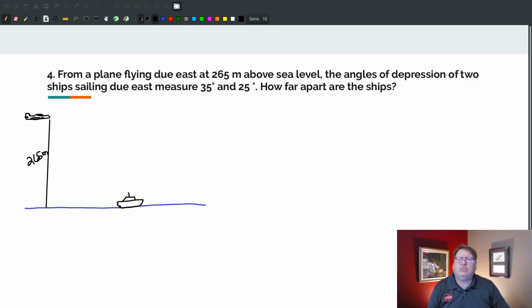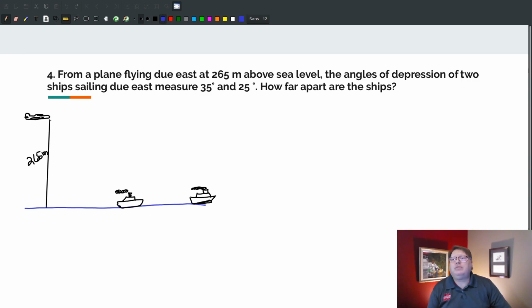And we'll have some little smoke. And then we have another ship over here. It's almost out of the water. So it's another ship. And we're looking at measuring, okay?